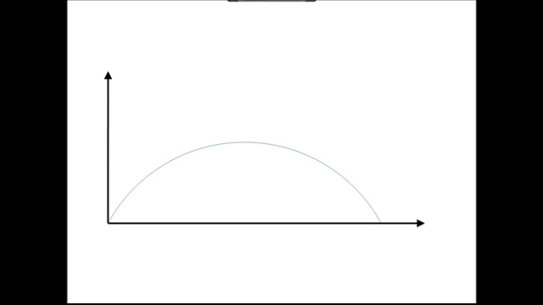this manner. See, the particle is considered at the origin, and from there it is given some initial velocity u at some angle alpha with the x-axis, and then it is left to move against or in favor of gravity.